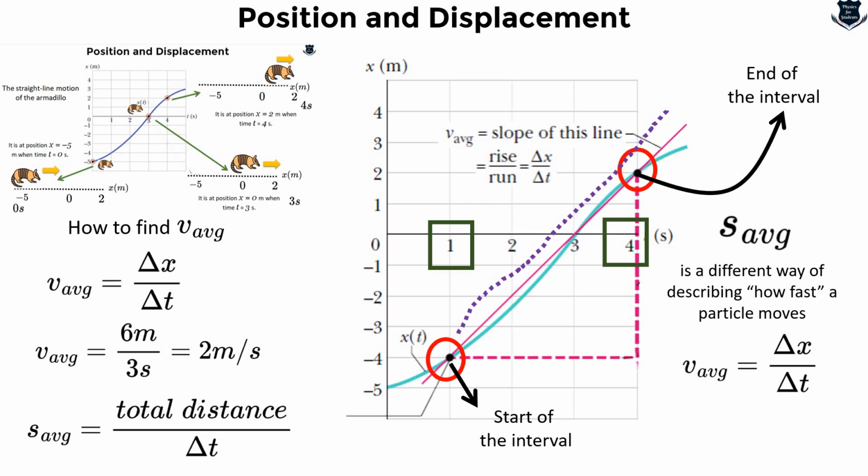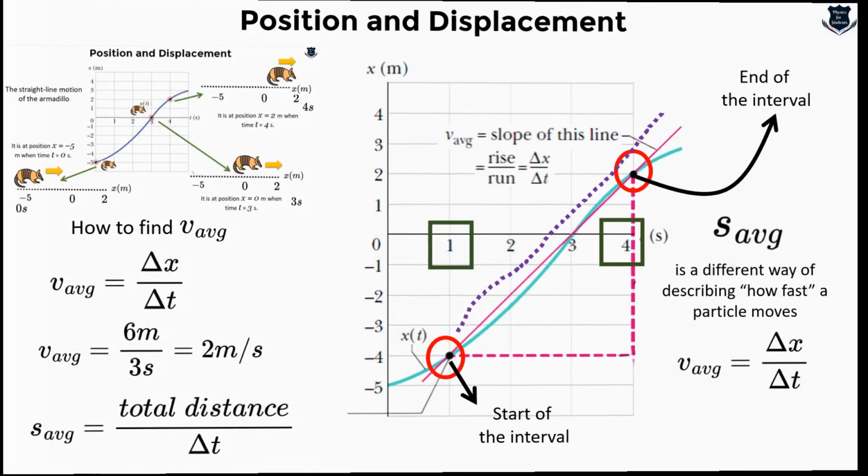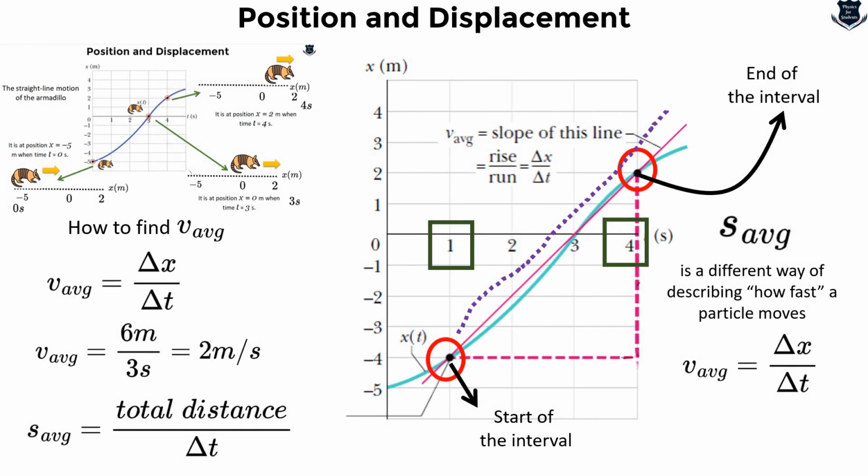The vertical line shows how far it has moved from start to end, and the horizontal line shows where it started and ended.